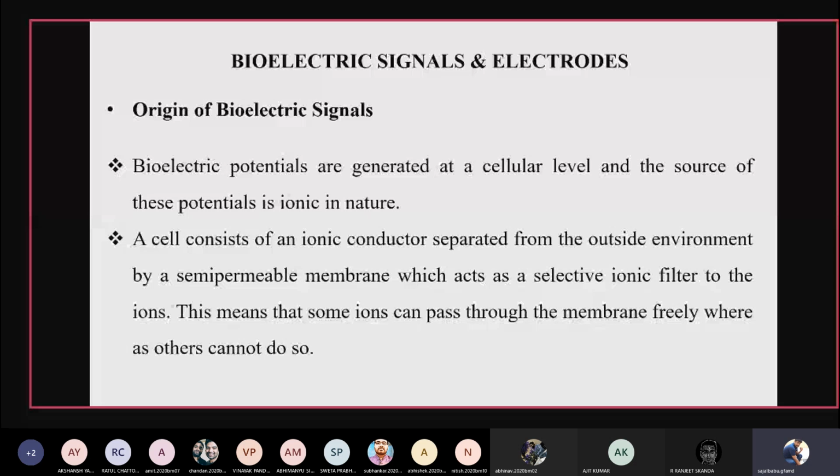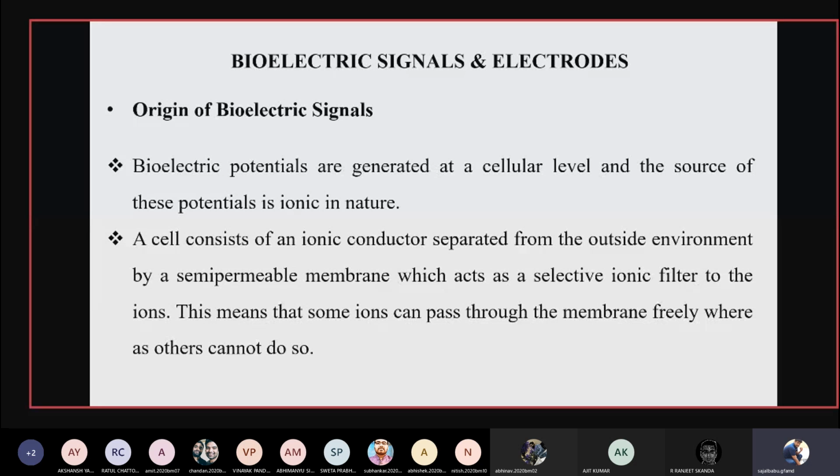Because when I go into the topic, I will make you learn. I will explain why it is called the sodium potassium pump. When I explained to you about the sources of biomedical signals, I categorized them into three groups: one is bioelectric signals, and the others are bioacoustic and biomechanical signals. Among these, we need to know how these bioelectric signals originate.